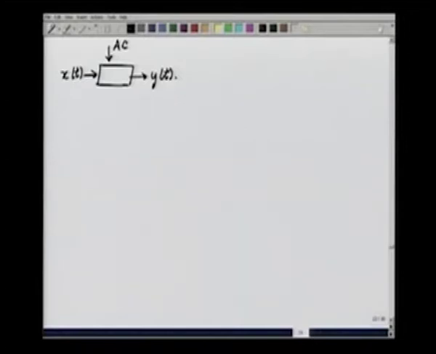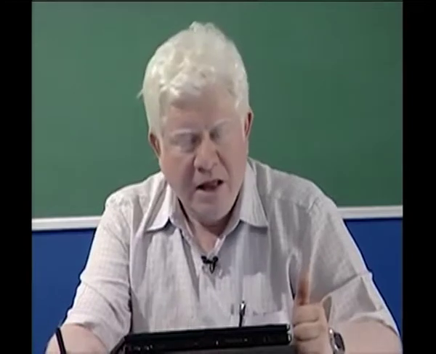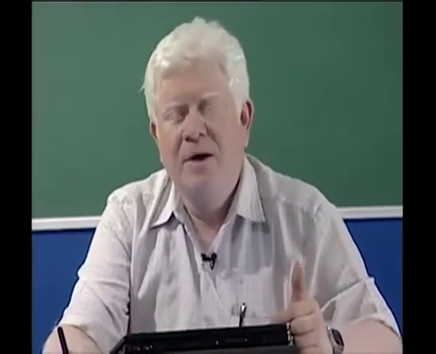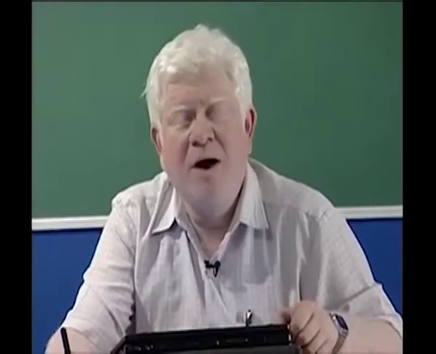This is the system we have. Now, suppose I wish to ask the question, if to this system I replace the input xt by x t minus tau, what are the conditions under which yt will be replaced by yt minus tau?